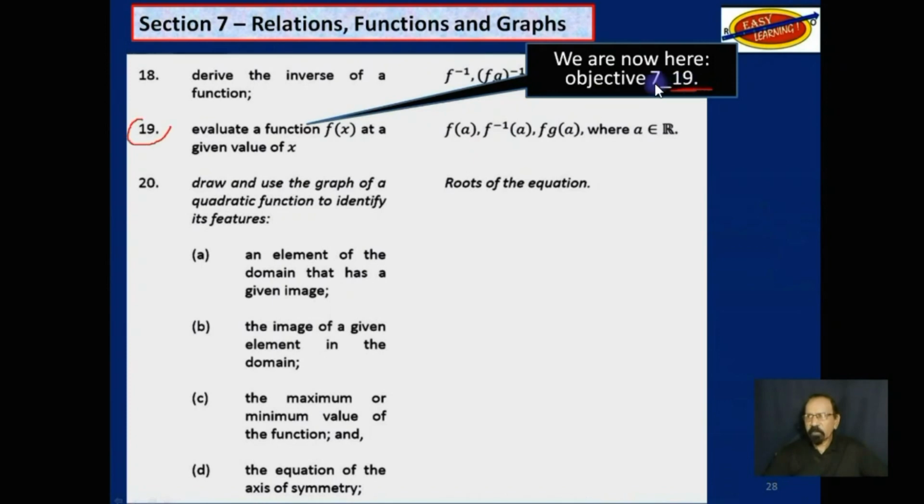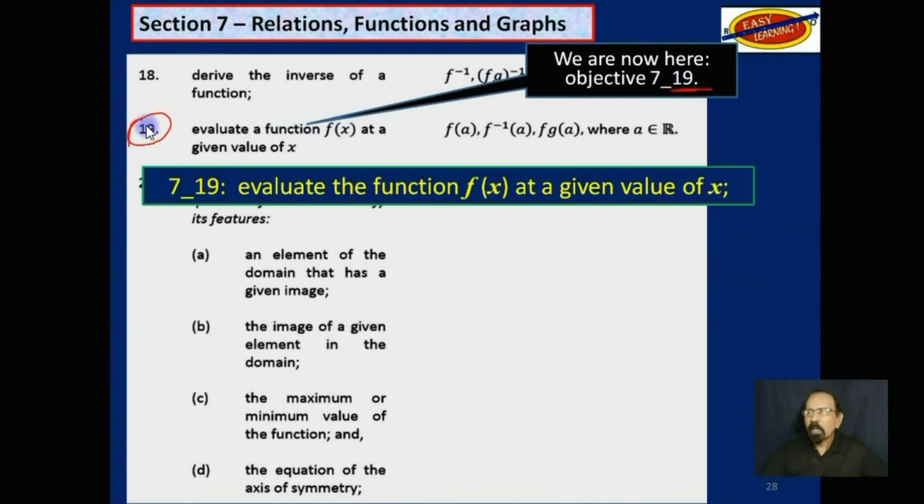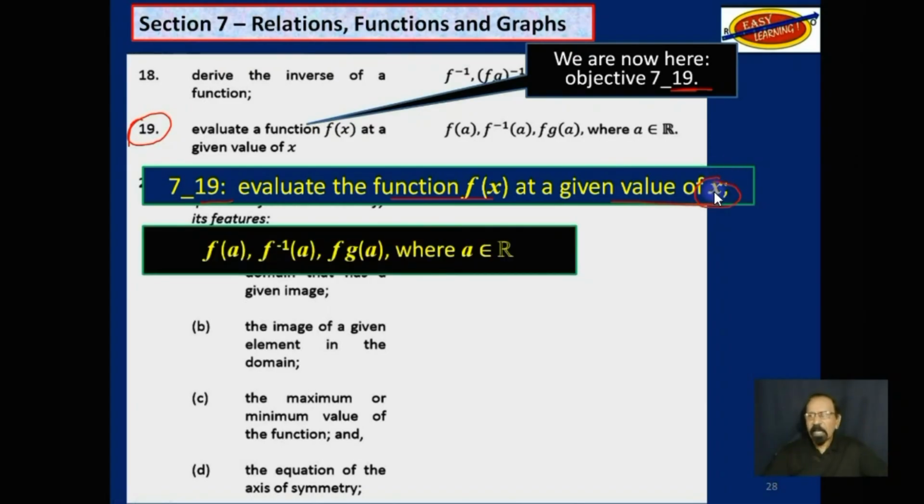Here, objective 19. It says, evaluate the function f of x at a given value of x. And it further says f of x, inverse f of x, and fg of a.